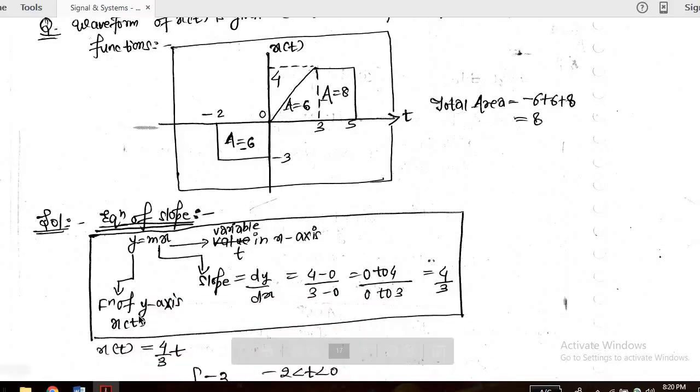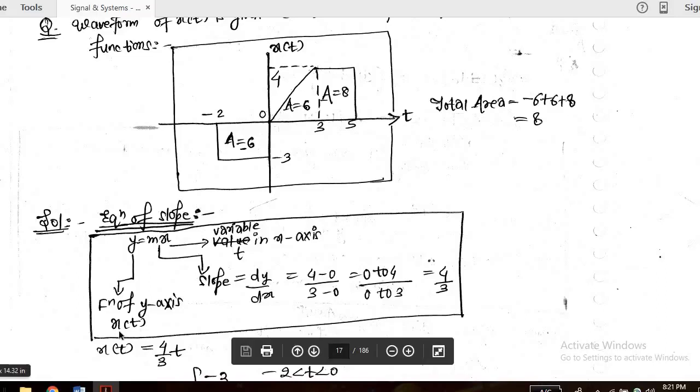Now the equation of the slope. If you see, y is equal to mx means the y-axis is a function of the x-axis variable. Here x of t is a function of the t variable. The variable on the x-axis is t here. The function on the y-axis is represented here as x of t.